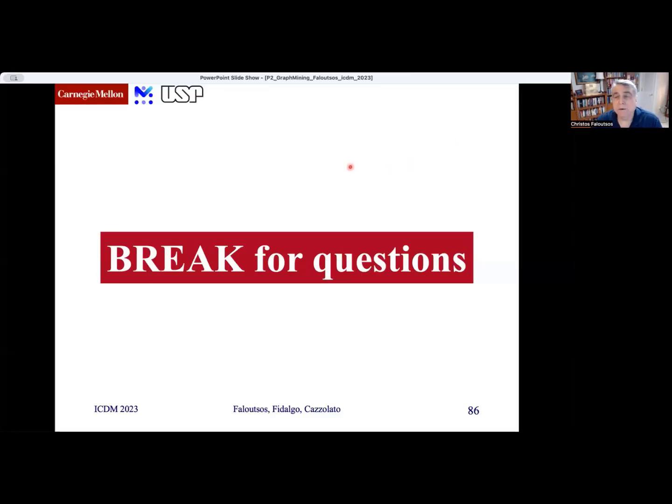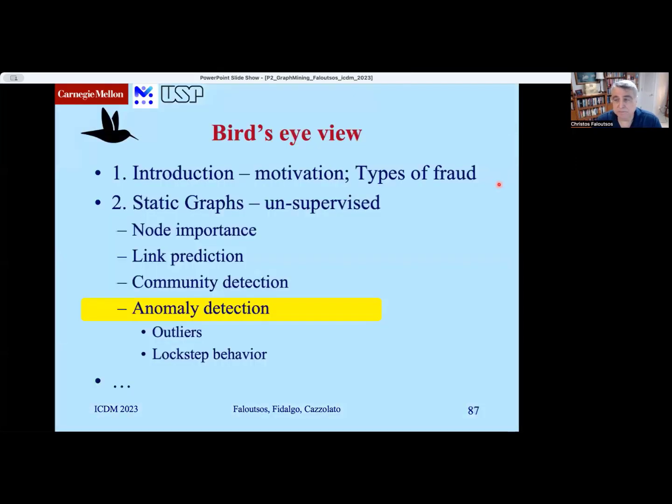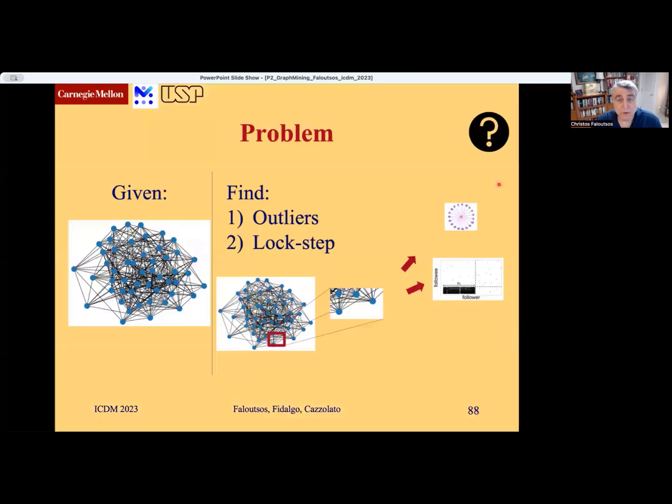Welcome back. We covered the singular value decomposition and community detection, and we'll continue with anomaly detection. So the problem is, given a graph like this one, we want to find two things. We want to find outliers, for example, a node like this one, which is probably a telemarketer in a phone network, right?